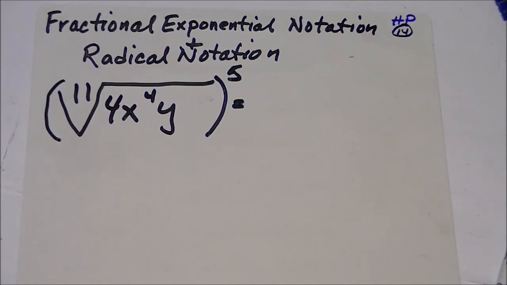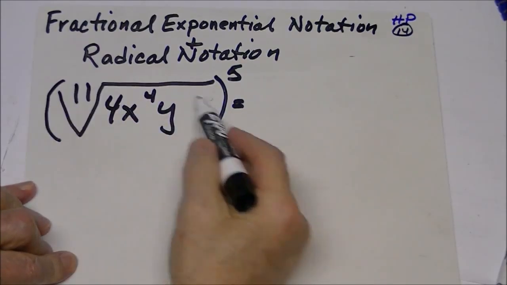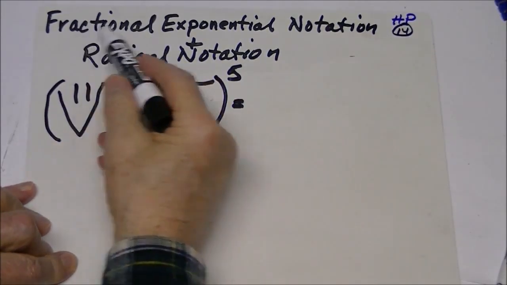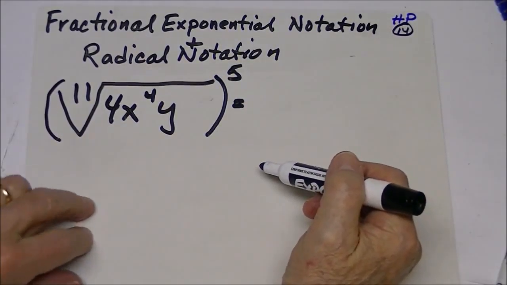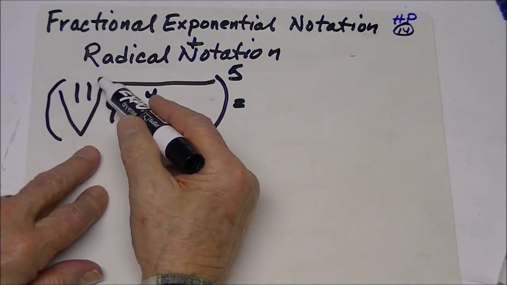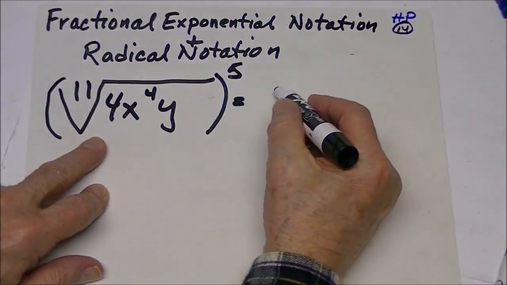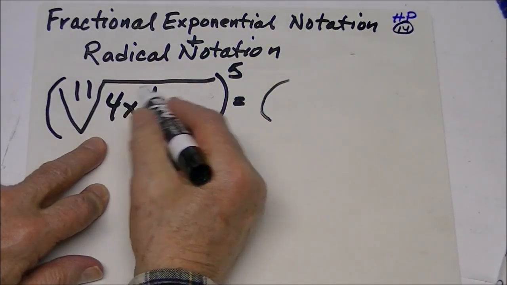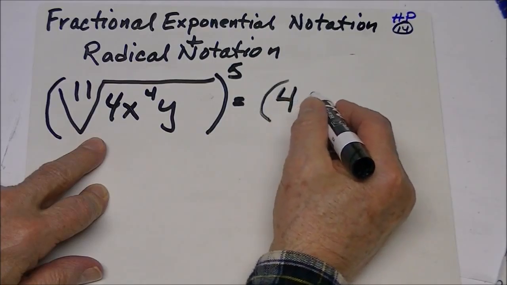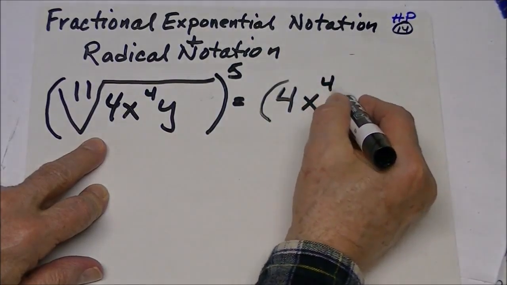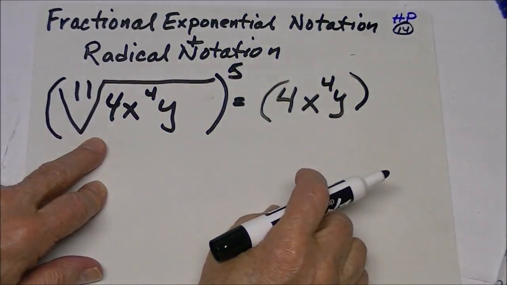In this next example, we're seeing it in radical notation, and we want to convert it to fractional exponential notation. So again, the radical sign is a grouping symbol, so we would need to put what is under the radical sign, the radicand, in a parenthesis to keep the integrity of that.